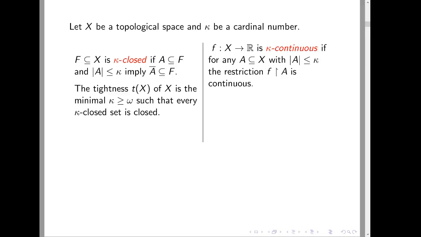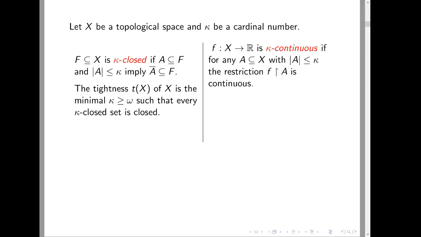So, by analogy, instead of looking at closed sets, I will look at continuous functions, real-valued continuous functions. I will call a function from X into the reals kappa-continuous, where kappa is an infinite cardinal, if this function, when restricted to a small set, is continuous.